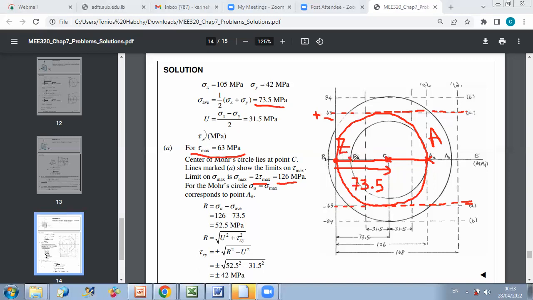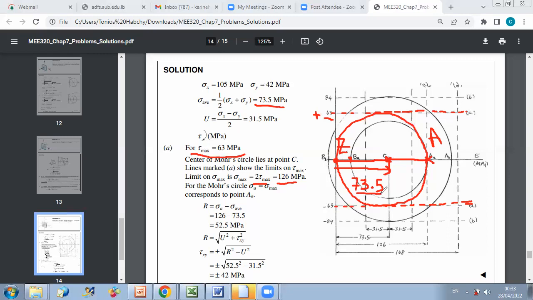So B will have a positive coordinate because the value of sigma average, which is 73.5, is larger than the maximum radius. The maximum possible radius of my circles corresponds to 63 megapascal.